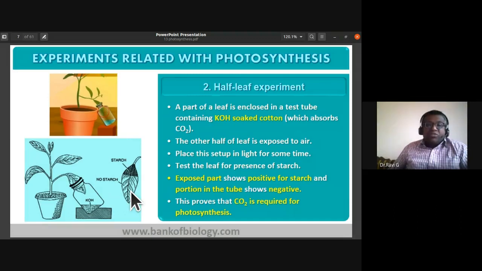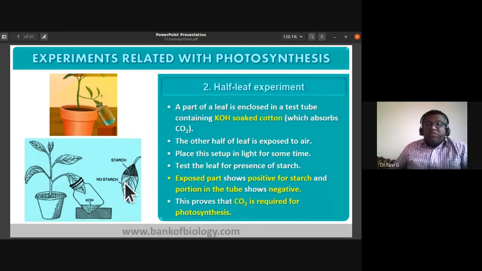The exposed part shows positive for starch, and the portion within the reagent bottle or the test tube shows negative for starch. This proves that carbon dioxide is a necessity for photosynthesis. So this half leaf experiment proved that carbon dioxide is a necessity, an important raw material, for photosynthesis to take place.